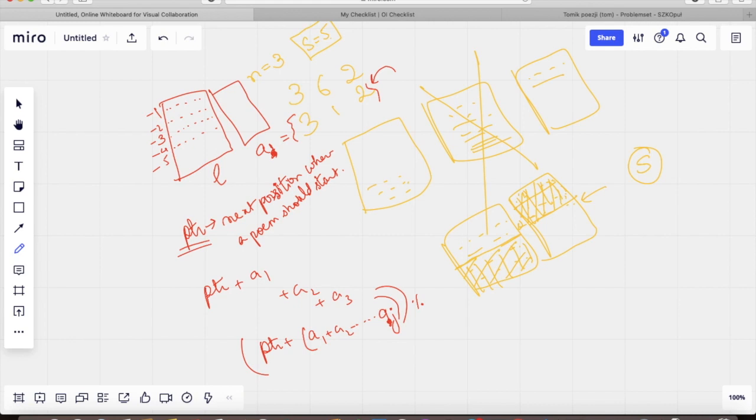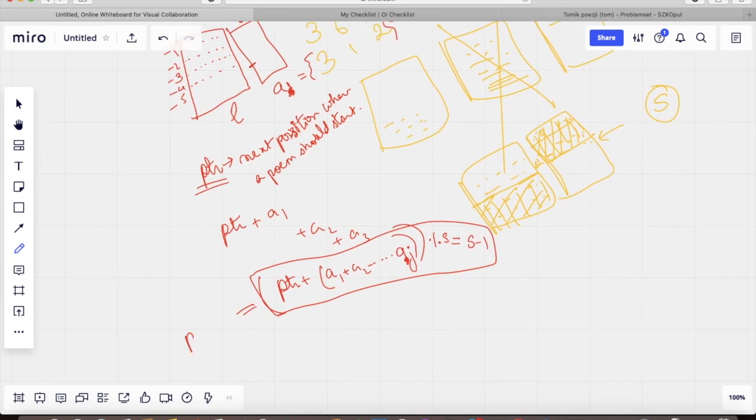Once you cover the entire page, it does not really matter, you just want to store where from the start of the page you are, and you have to ensure that this does not become equivalent to s minus 1. What will this mean then? Because this value is the new ptr, it will mean that ptr new is at the last line of a page. The s minus 1th line is the last line.